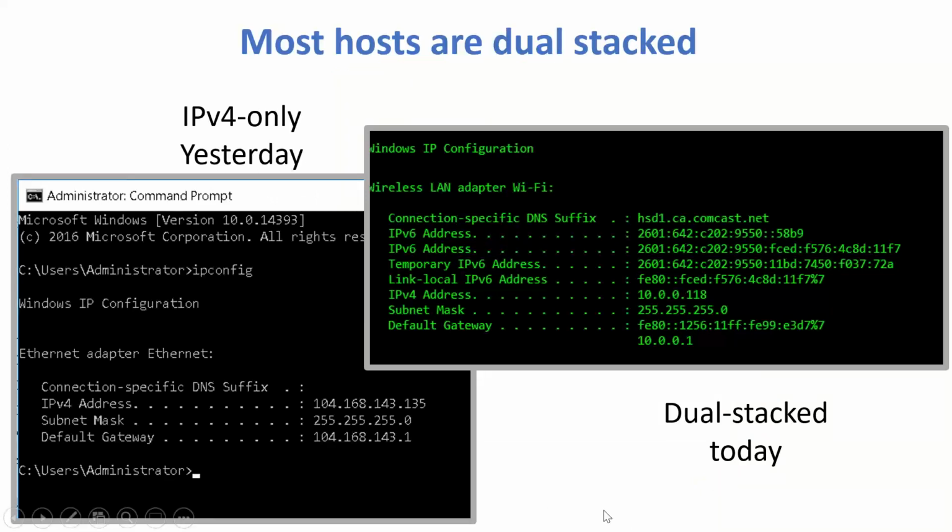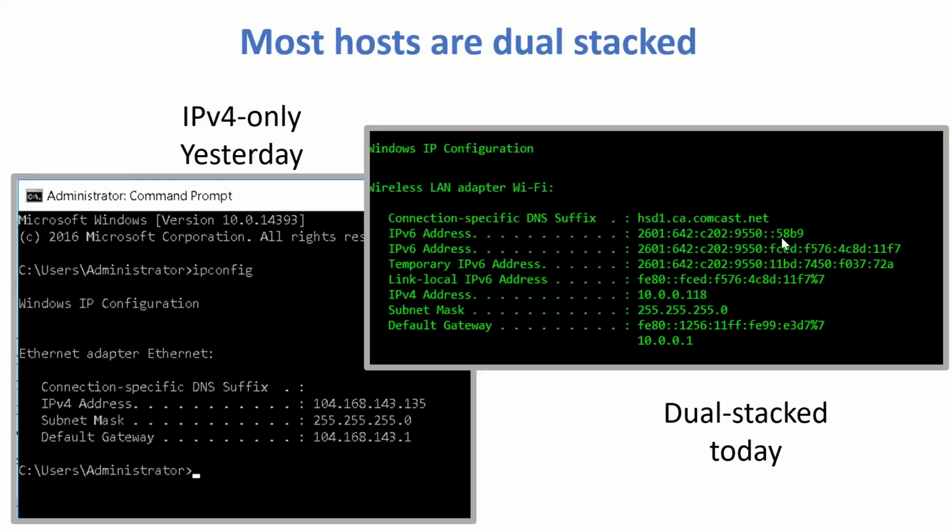So what does it mean to be dual stacked? Well, if you're single stack, of course, you only have one protocol stack, which is either IPv4 or v6. But if you're dual stacked, then you've got both those stacks. They can be on the same interface. They can be segregated also.